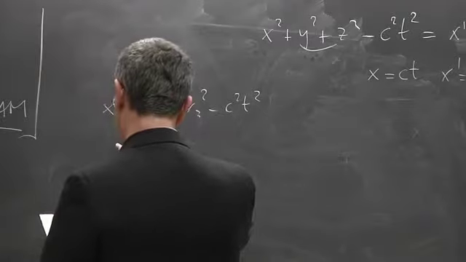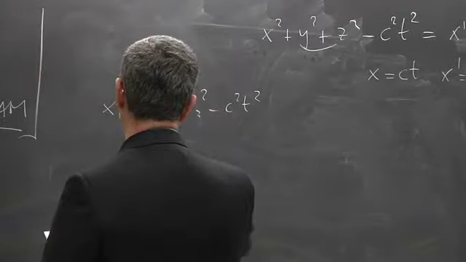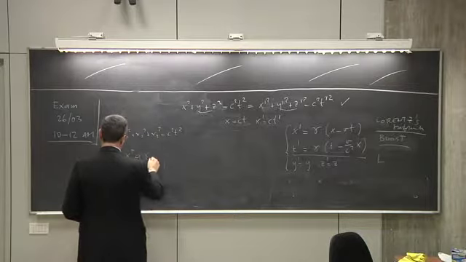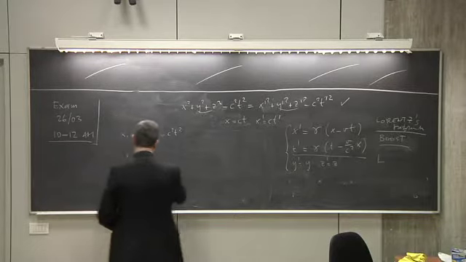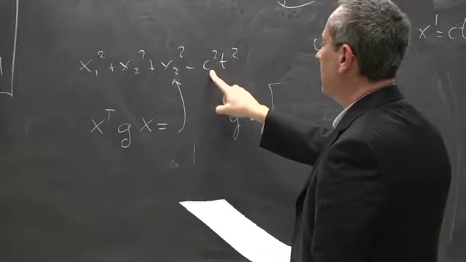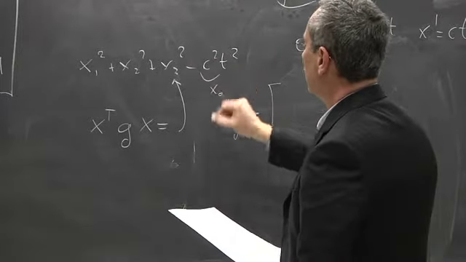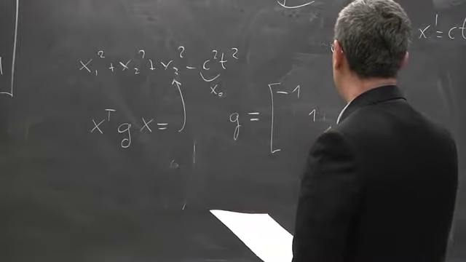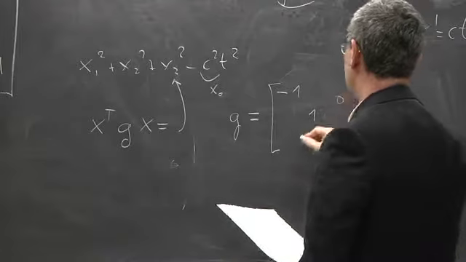Because you can write this by taking the transpose of this vector, multiplying by this matrix, let's call it G, and then X, and you get this, right? If G, the zero component gets a minus, and the others are just 1, 1, 1, and the rest 0.